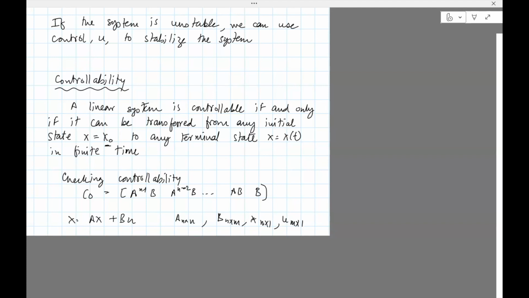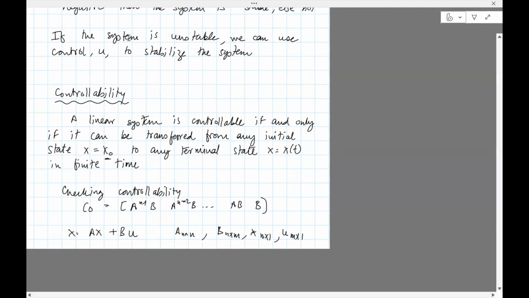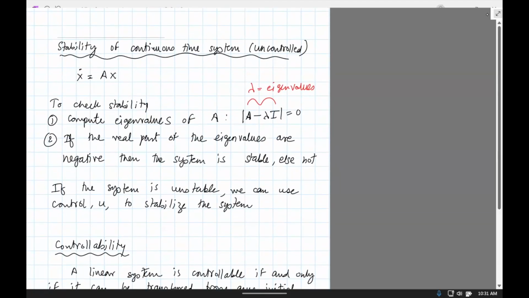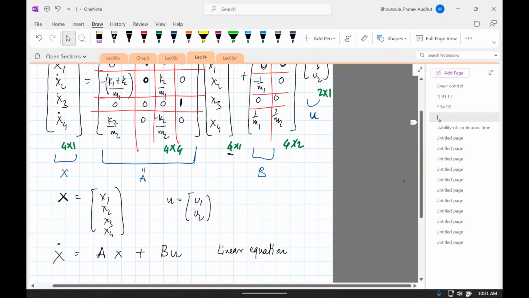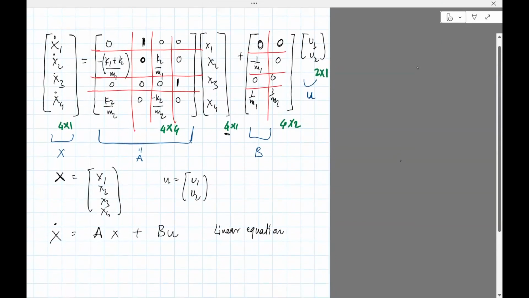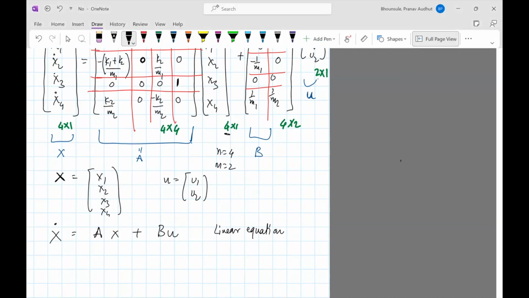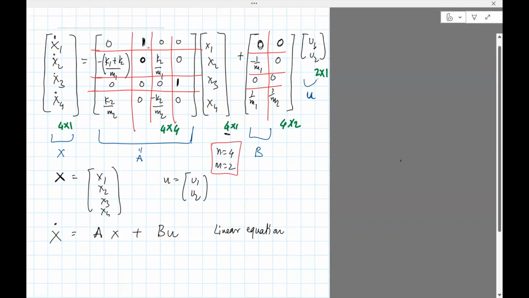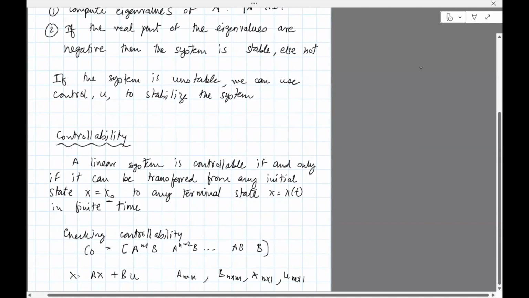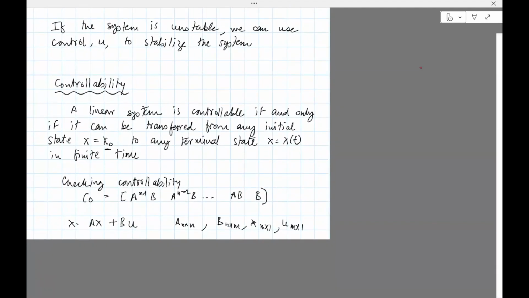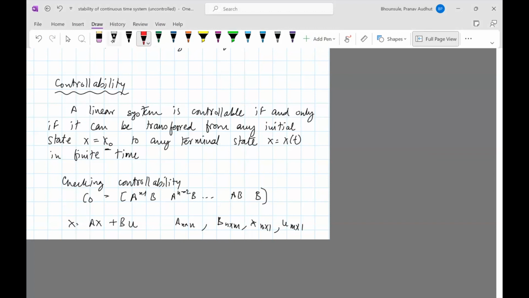In our spring mass damper example, x was of dimension 4, so n was 4, and m, the dimension of the control, was 2. So m need not be equal to n. You can have fewer controls than the number of state variables. This is just for a generic A and B. You need to compute the controllability matrix, and once you get that, you need to check for something.